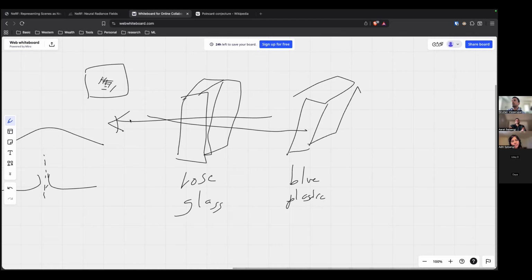But let's imagine you take a picture or look at it from this side. What will you see? More the blue plastic, and in the background you will see the rose glass, right? So in the image you will just see a blue block. It will just be blue.